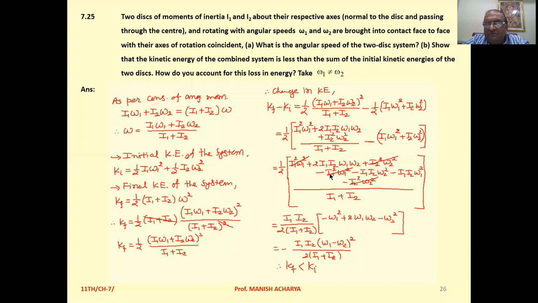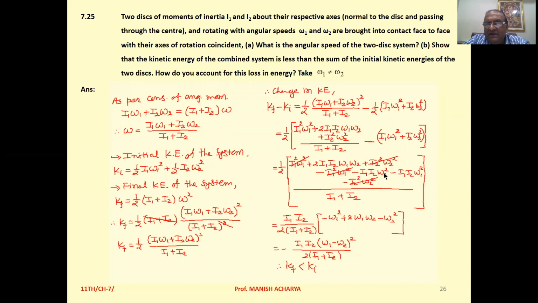Now multiply I1 with these two. So first term minus I1 square omega 1 square. Second term minus I1 I2 omega 2 square. Then multiply I2 with these two. So minus I1 I2 omega 1 square minus I2 square omega 2 square. So I1 square omega 1 square and I2 square omega 2 square, both will be cancelled.